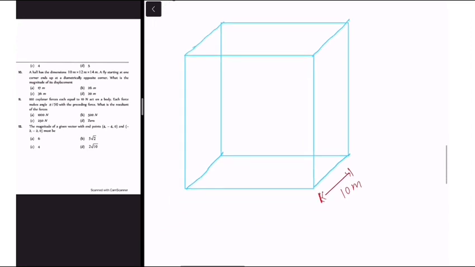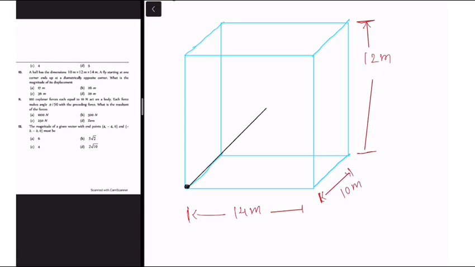This is 12 meter. And this one is 14 meter. These are the dimensions of a hall. Now what is the magnitude of its displacement? The fly is moving diametrically from this point to the other point somewhere here.